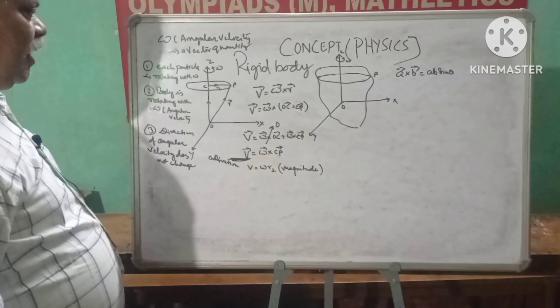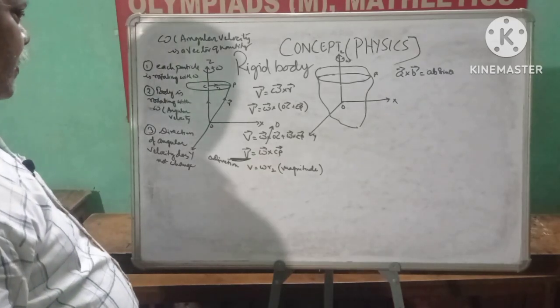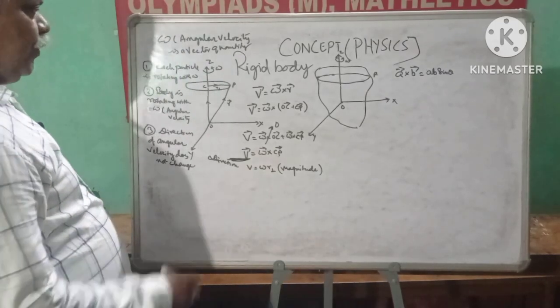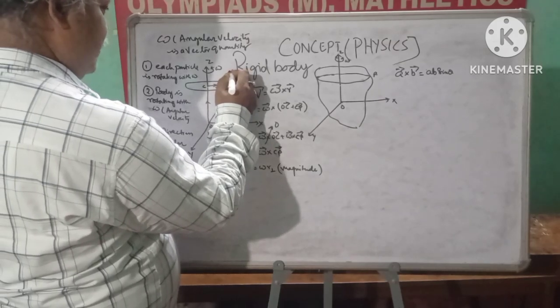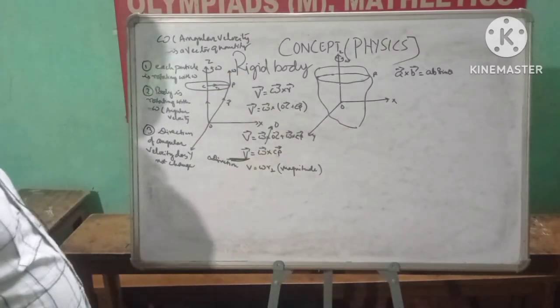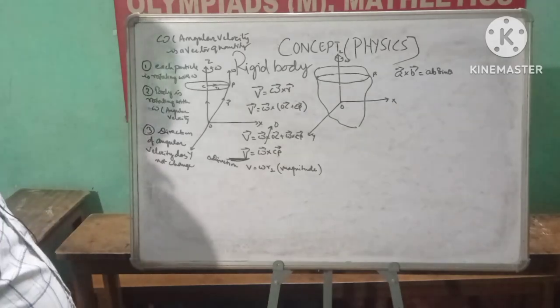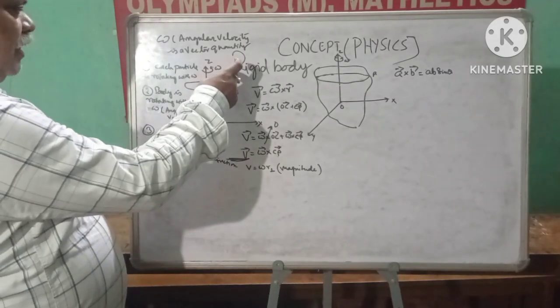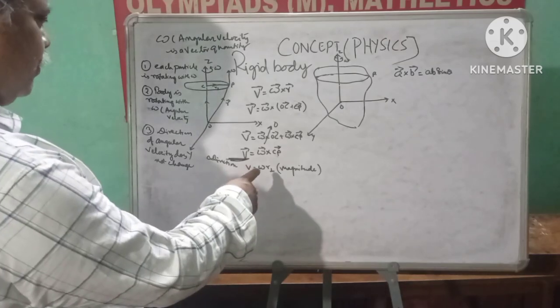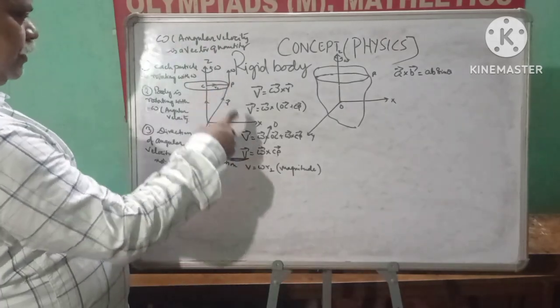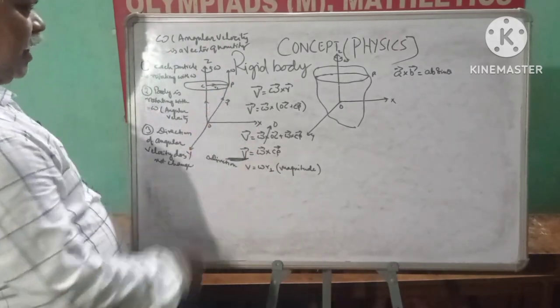So your omega is along the z axis. So here omega cross R, this is omega, this is R.